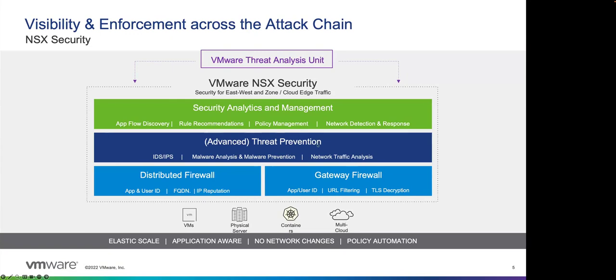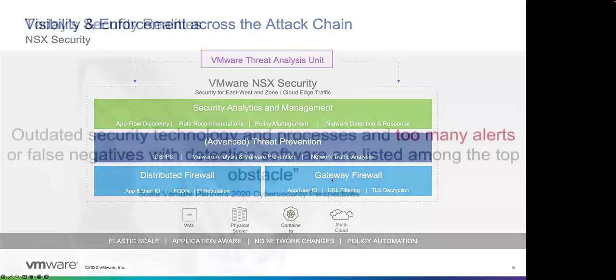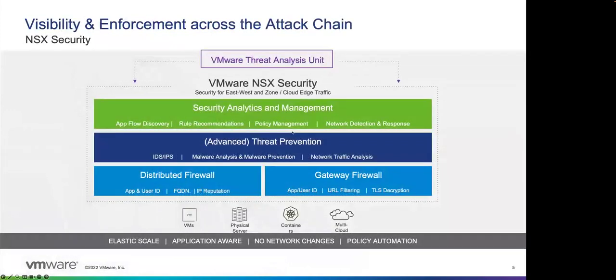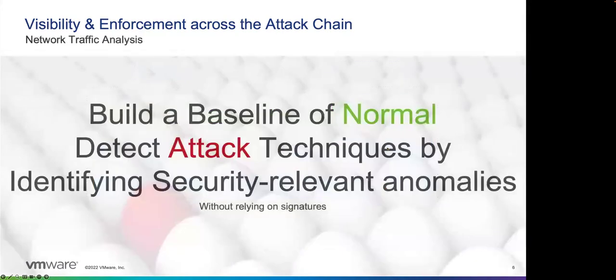So we have multiple layers here: security analytics and management, advanced threat protection, distributed firewall, and gateway firewall. Today, we are going to focus on NTA and NDR, so network detection and response and network traffic analysis.